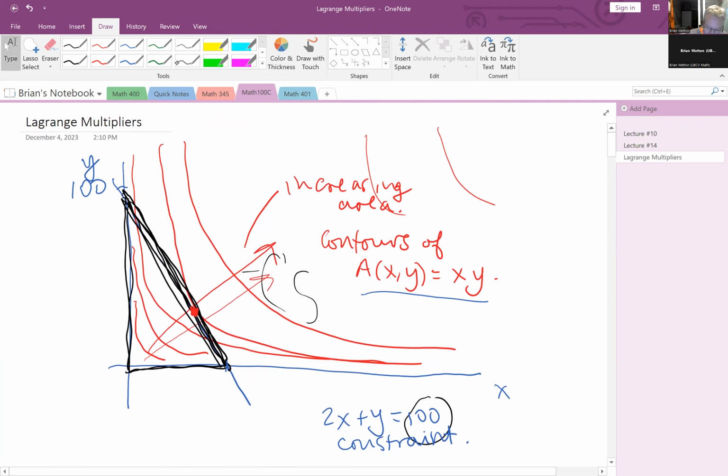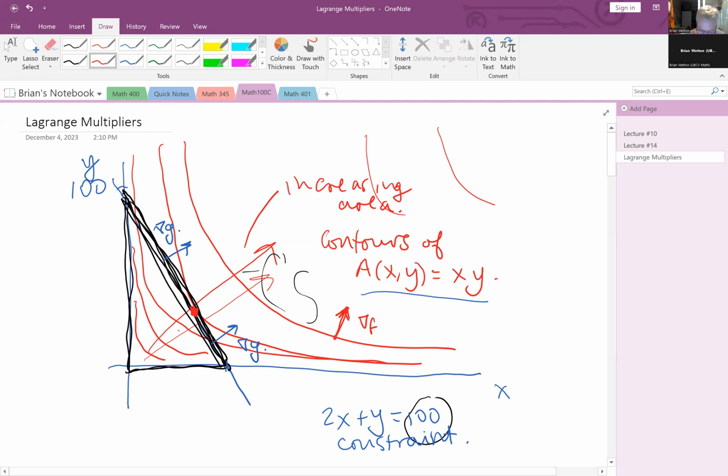Okay, and now I can go back to my original picture for the farmer's field. And I can tell you that the gradient of g points perpendicular to the constraint, and the gradient of f points perpendicularly to the level lines of the function f. Okay, and so now you can see why that geometric condition comes up.